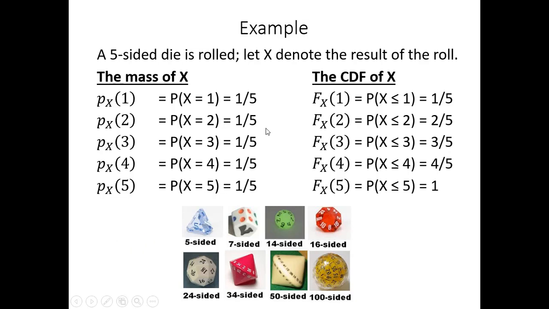The CDF, so here we have F of 1 is the probability X less than or equal to 1 would be a fifth. F of 2 is the probability X is less than or equal to 2. So now we add up the first two values. We get 2/5. F of 3 similarly is 3/5, and we get 4/5, and then 1.